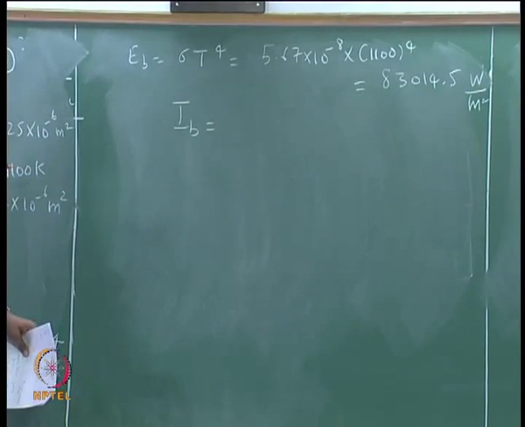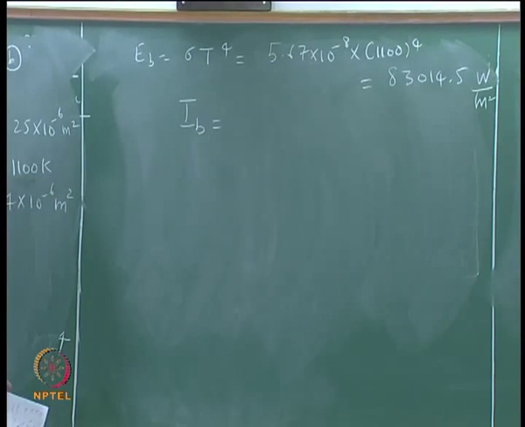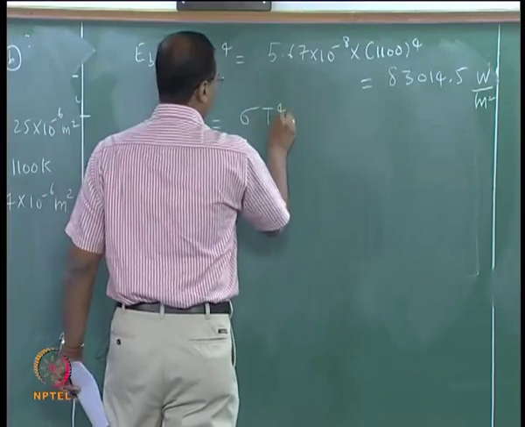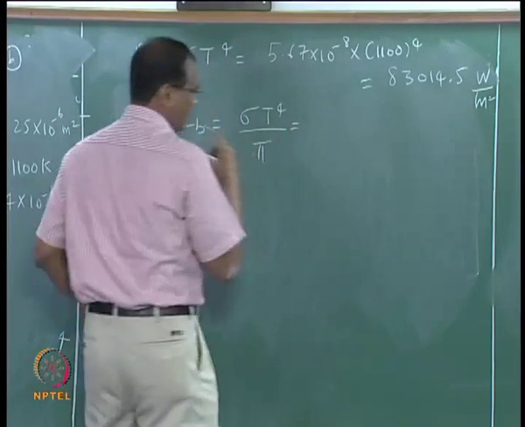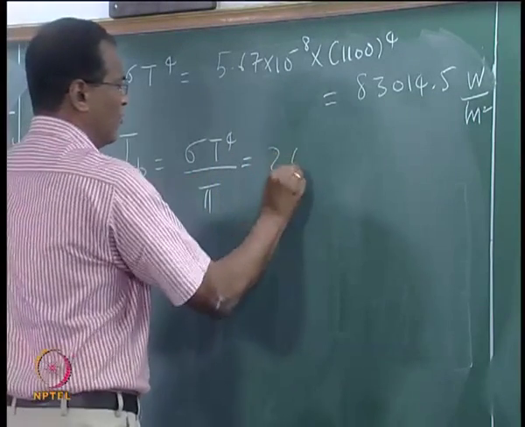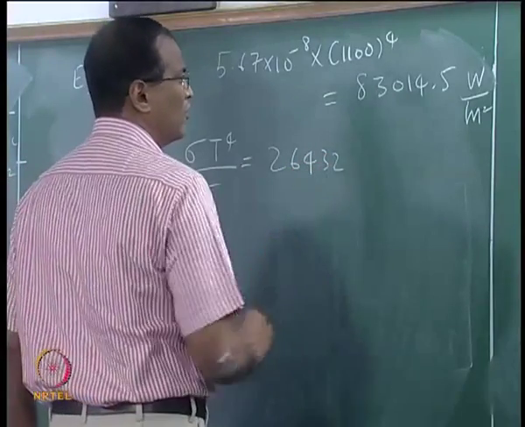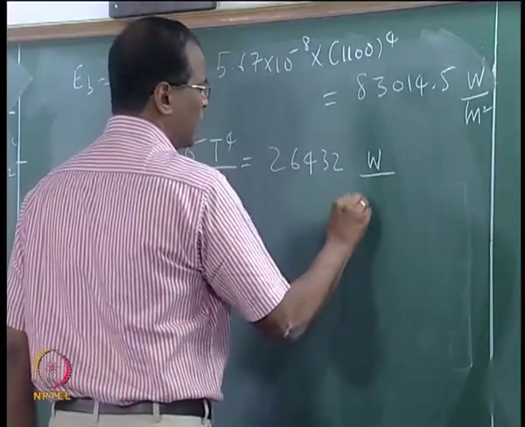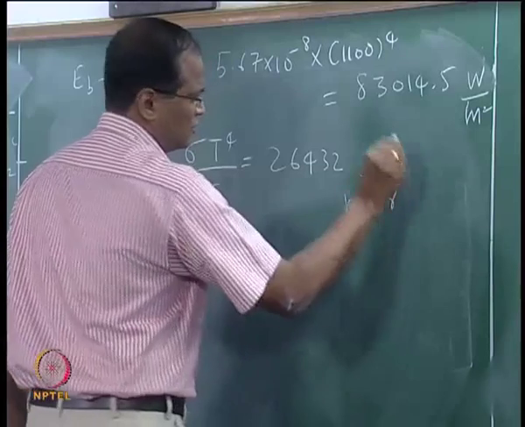IB is equal to sigma T to the power of 4 by pi, correct. You can keep it like that, but of course for the sake of completeness let us do it. 26,000 watts per meter square per steradian, good.